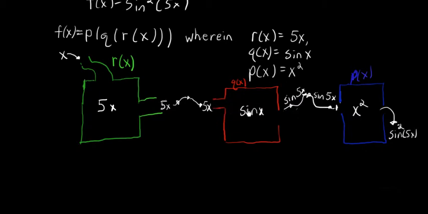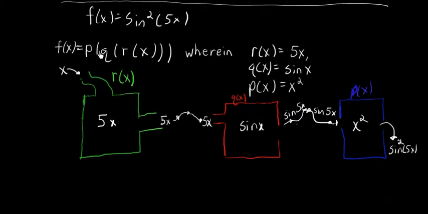So it's going to take the sine of 5x and spit that out. Now we have the sine of 5x entering the p of x machine, which is going to square the input. So it takes in sine of 5x and outputs sine squared of 5x.